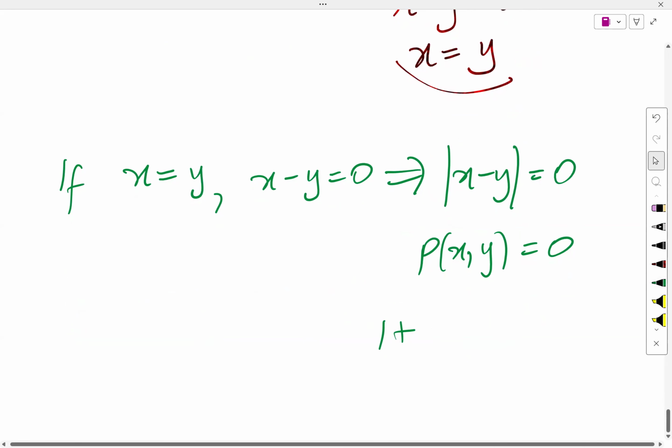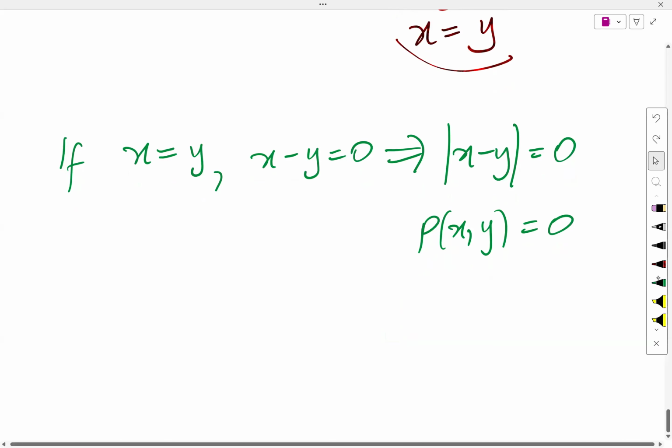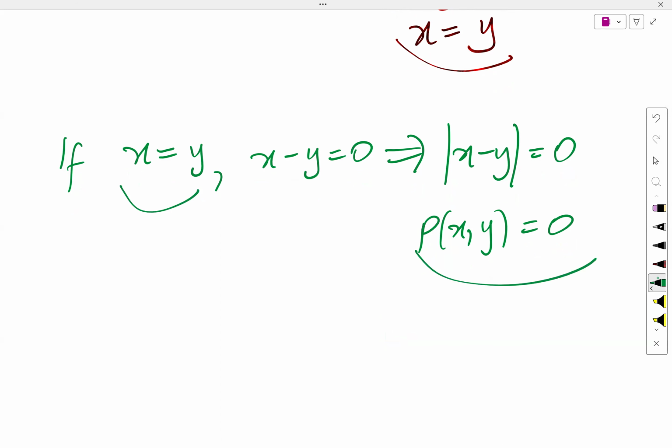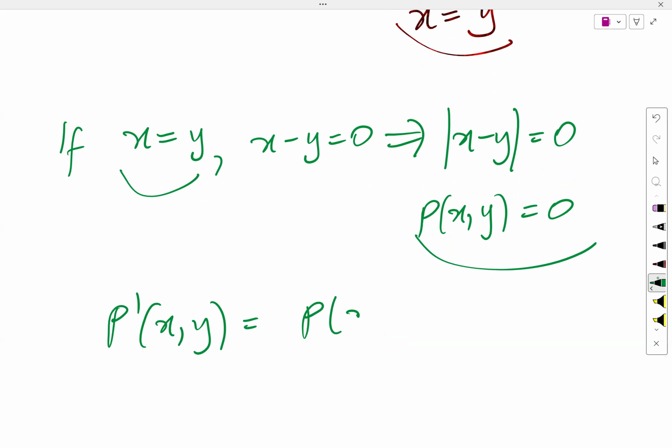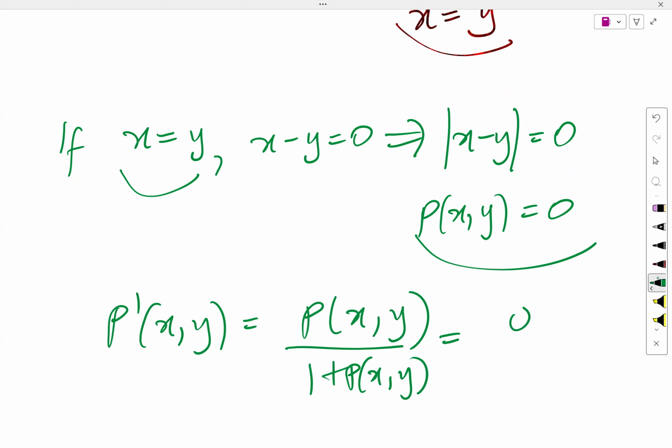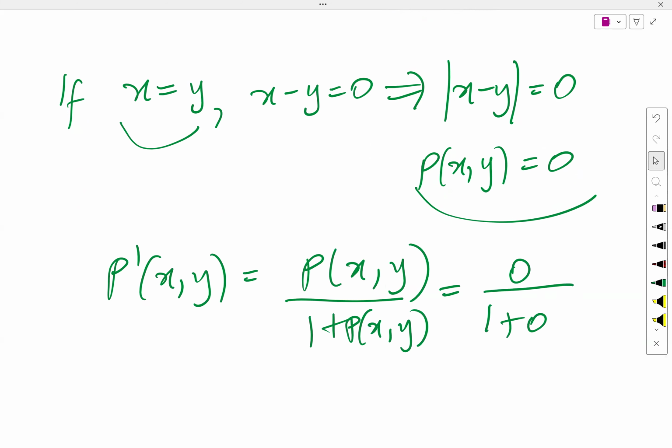P of x comma y is equal to 0. And of course, x equals y is leading us to the fact that P of x comma y is equal to 0. So that simply means that P prime of x comma y, which is defined in terms of P of x comma y all over 1 plus P of x comma y, would simply be 0 all over 1 plus 0 again.